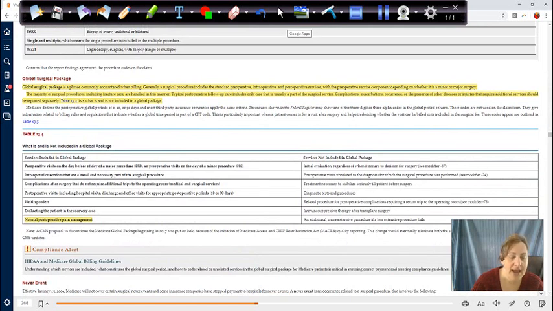The global package is when all of the care for that procedure is billed together. So if you're getting some stitches, maybe we had to clean it out, we had to use some tweezers to get some glass out of the wound, we used a needle and thread to stitch you up. Oh, before we did that, we gave you some lidocaine to numb your area, doctor put some gloves on, we gauzed it when you got done.